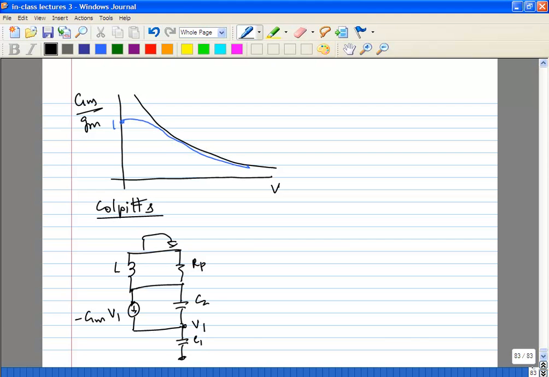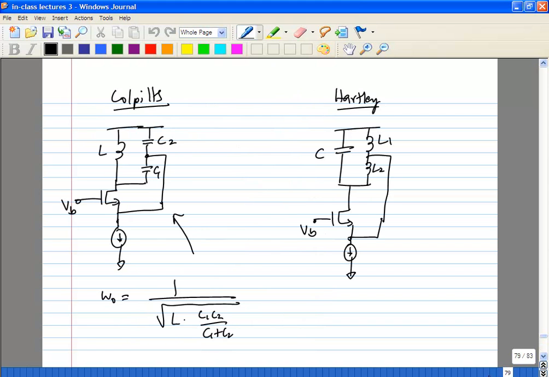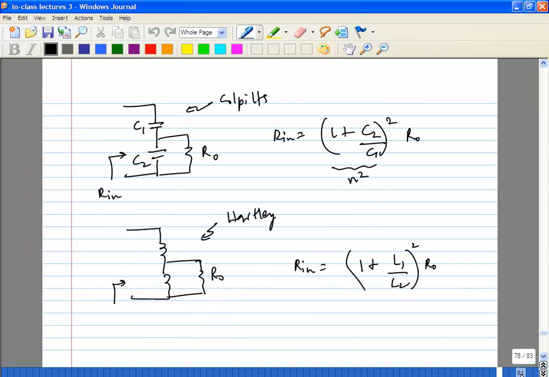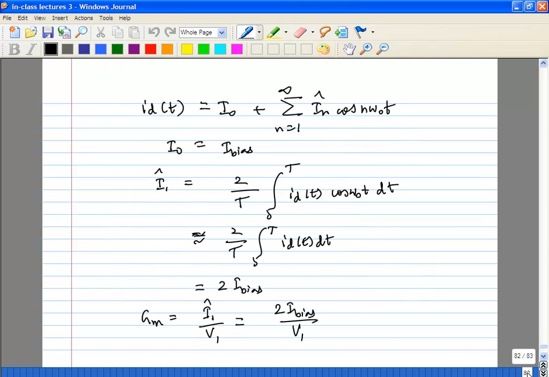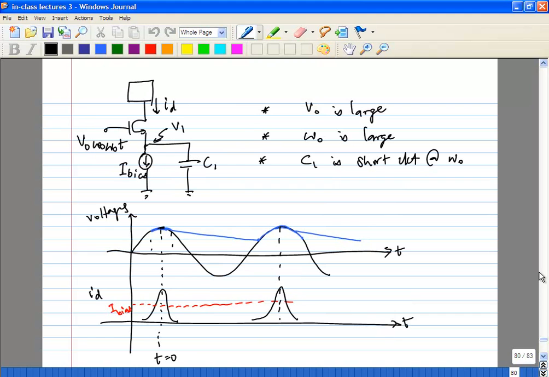This is what goes to the source. Remember that this is the source. So your current, since the gate is connected to bias, which is signal ground, is actually minus GM times V1. Correct? What about this? Yes. That is the voltage at the gate.